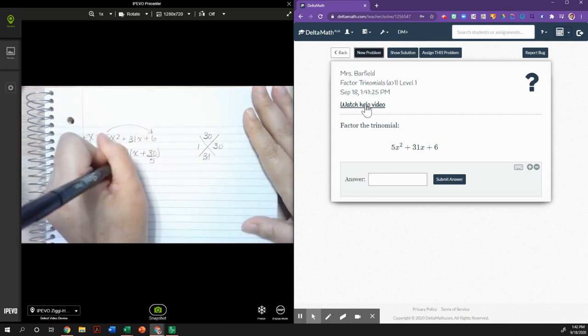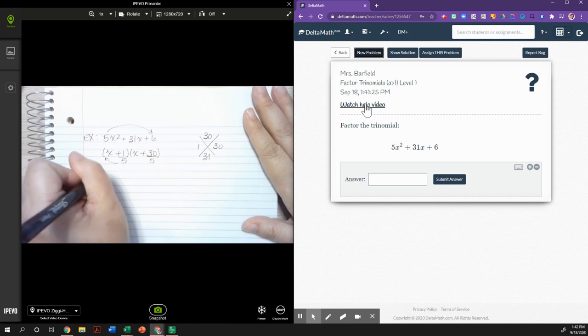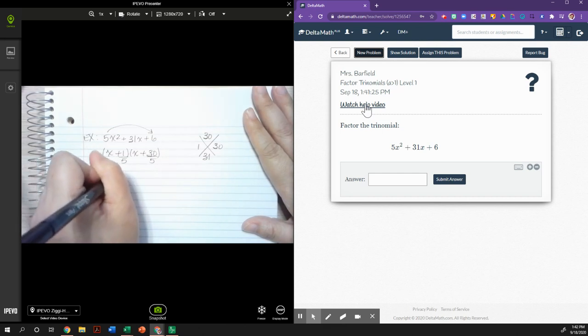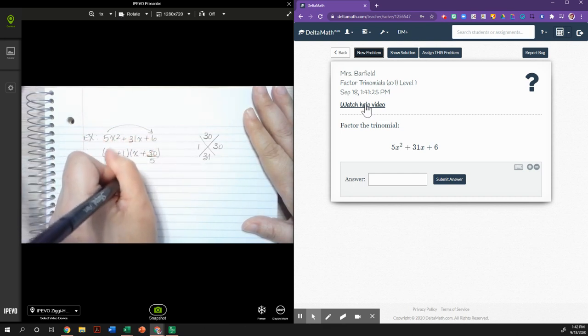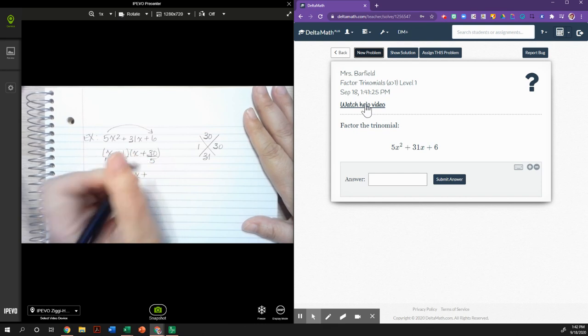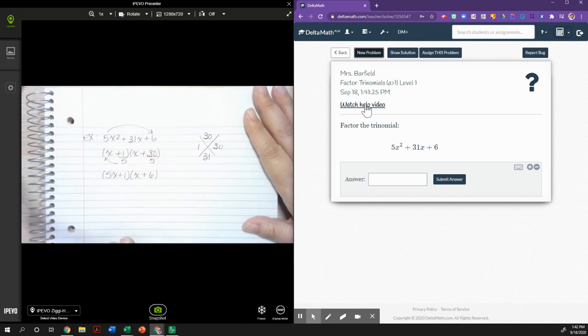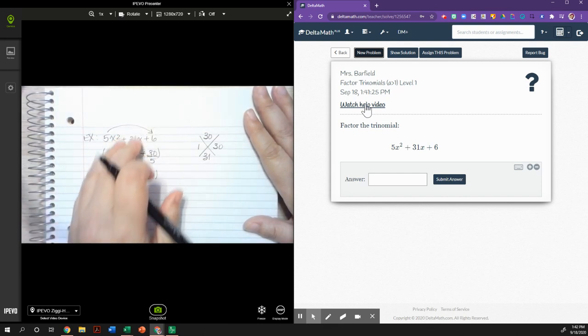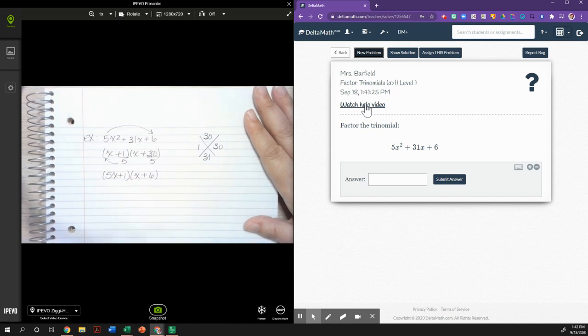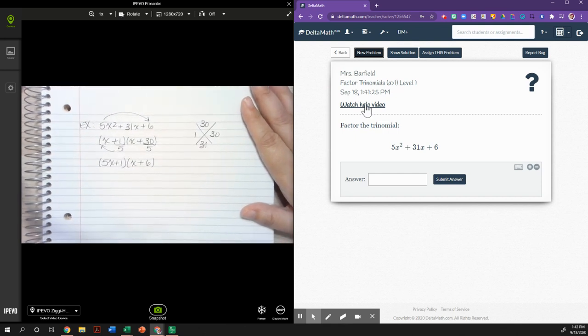So I got to divide by 5. So I'm going to slide that up. 5x plus 1. I'm going to divide x plus 30 by 5, which is 6. If you do that, that should help you. I think you're good for this set of problems that are level 1. I'll come back in another video.